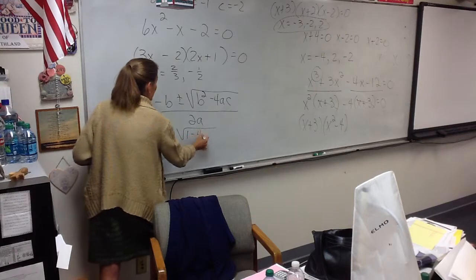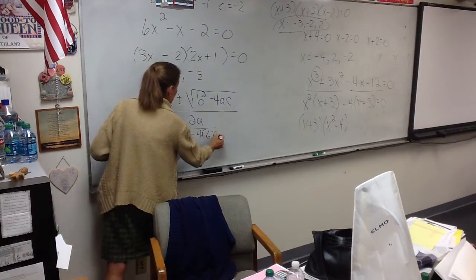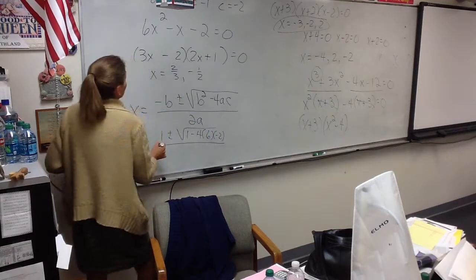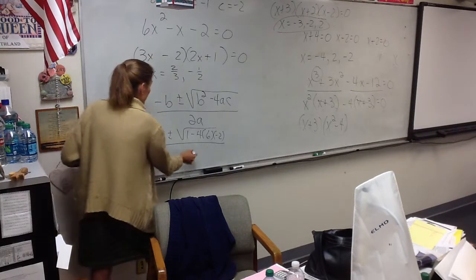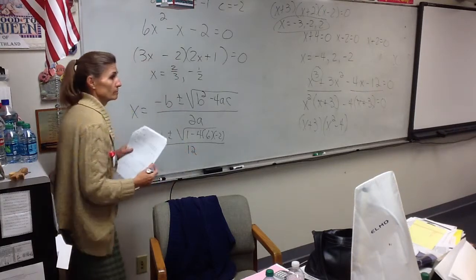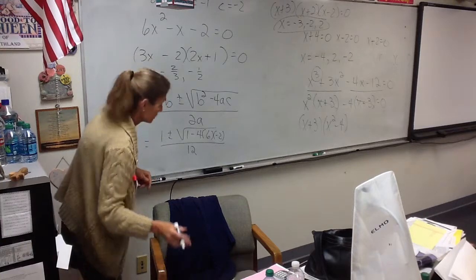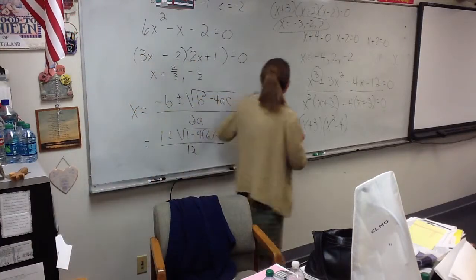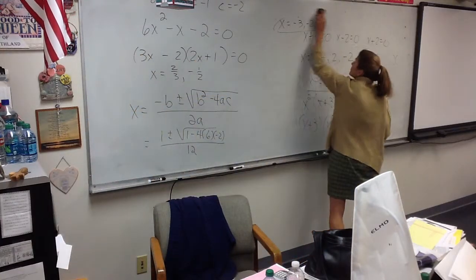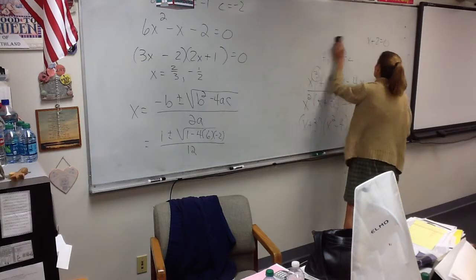B squared minus 4AC all over 2A. Now this is really good practice for us because we need to be able to figure this out.